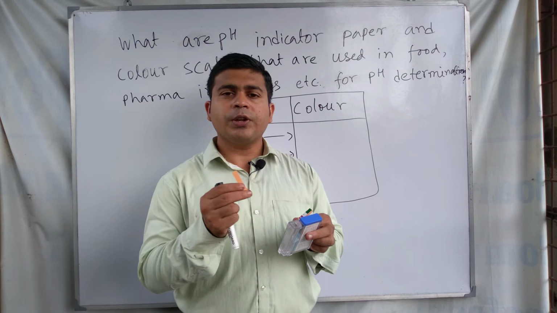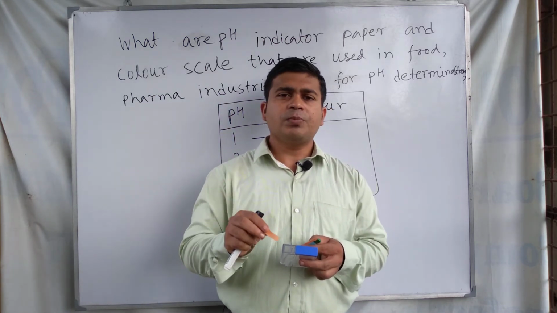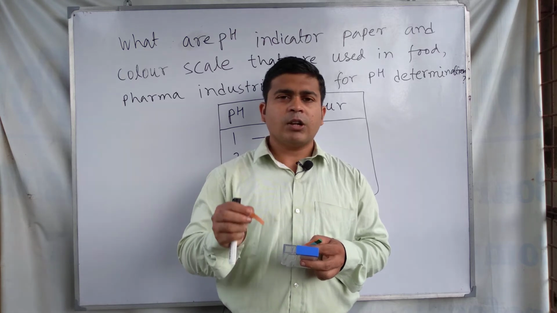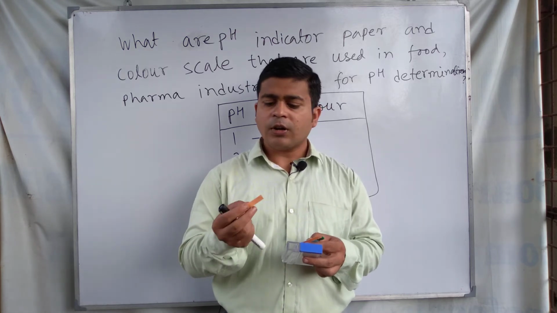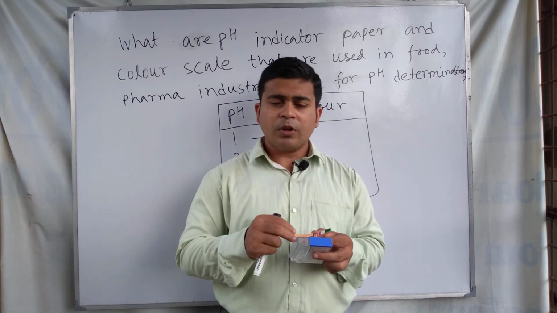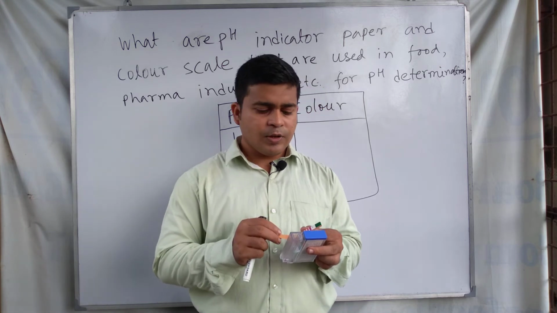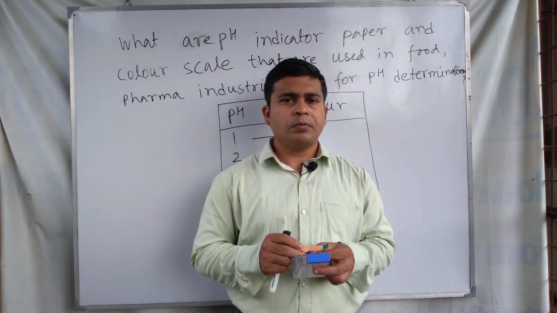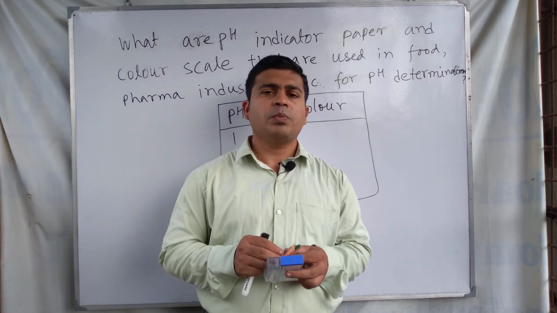The color change occurs when you dip the indicator strip in the solution and keep it for half to 1 minute, and then you can compare the color with the scale. After comparing the color with the scale, we can determine the pH of the substance.